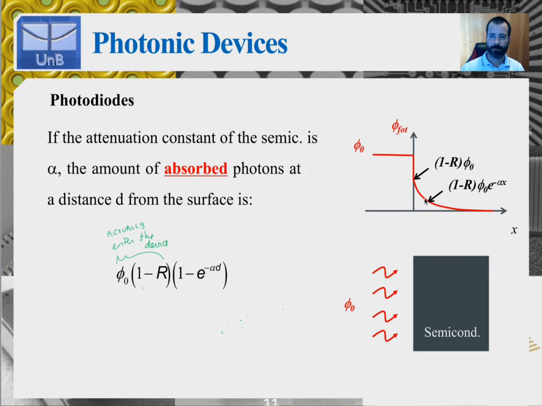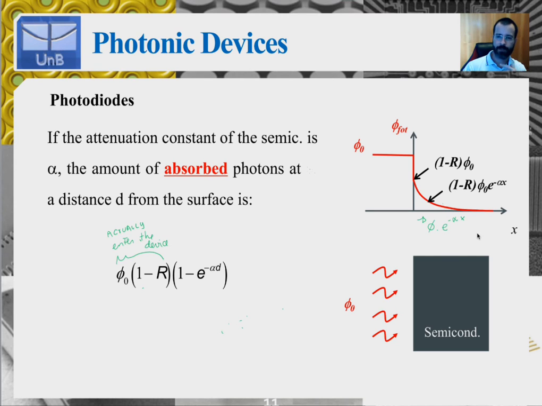So the photon rate which actually enters the device will behave like this: phi multiplied by e to the power of minus alpha z, or alpha x in our case here. And alpha here is just the attenuation constant associated with absorption, so alpha of the material. So just like the optical power, the photon rate will drop exponentially in this fashion right here.